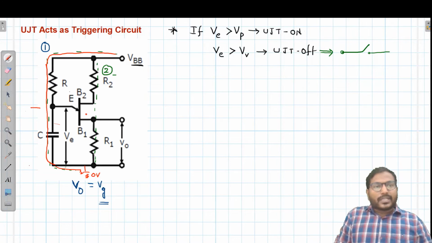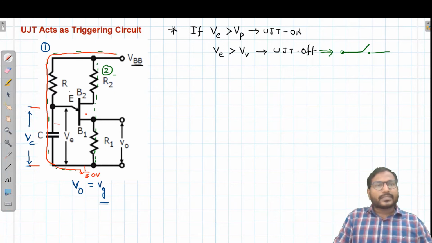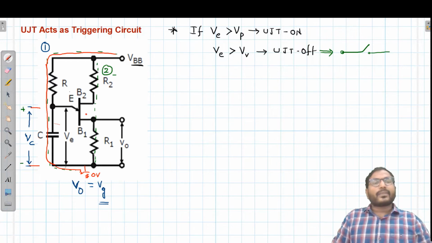Across the capacitor I am representing the capacitor voltage as VC, with polarities positive on this side and negative on this side. Since the capacitor is in the first path, it starts charging.